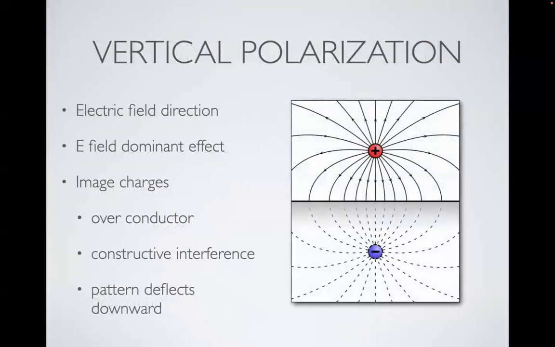Now, vertical is different. We have image charges as the dominant effect, in this case the electric field component. And those tend to pull at each other. They attract one another. And so the pattern actually gets pulled down towards the surface of the earth. So often there's a null at the top if it's just a vertical.